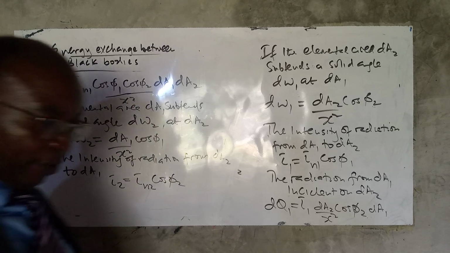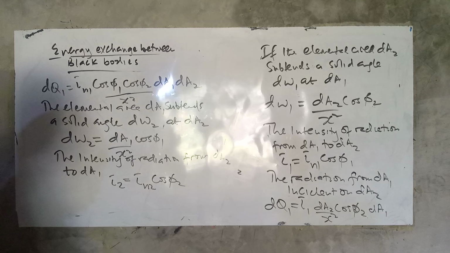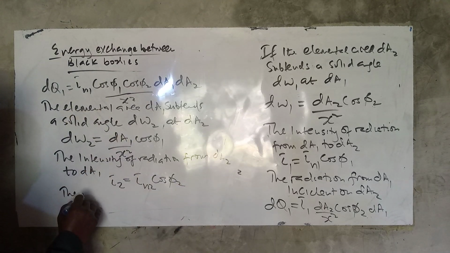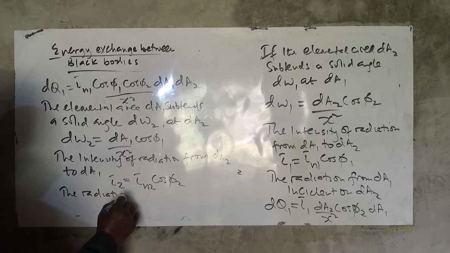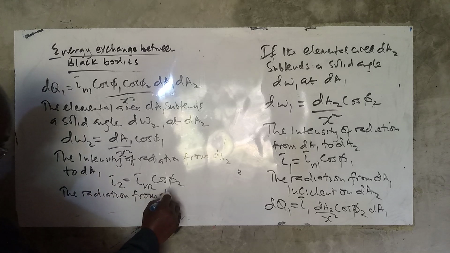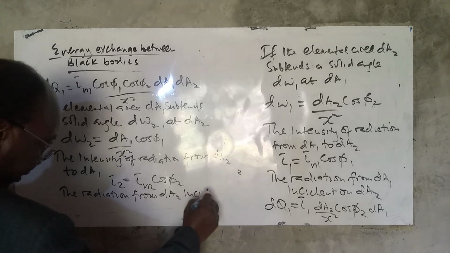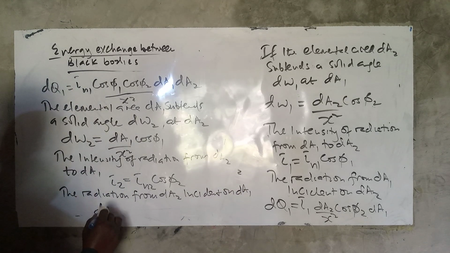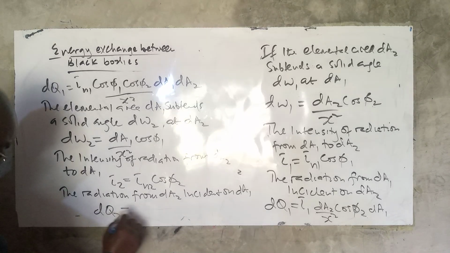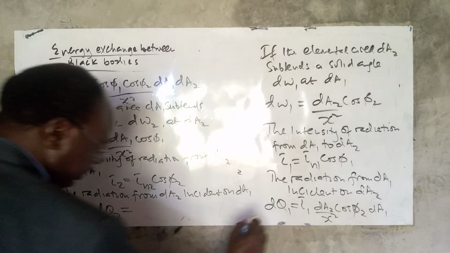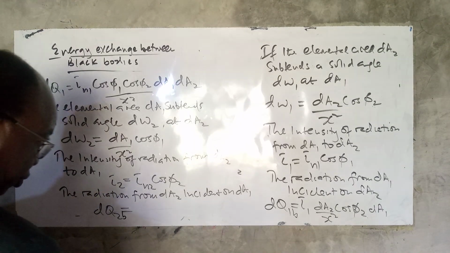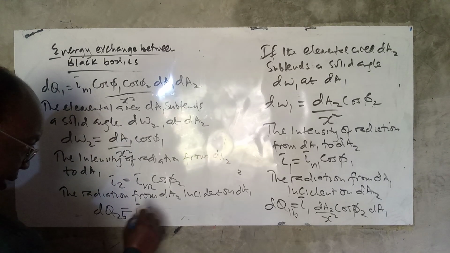And of course the radiation from dA2 incident on dA1 will again be given the same way. The radiation from dA2 incident on dA1 will be given by dQ2, and of course for black bodies, so let's have that B there to indicate the black body, it will be given by I2.